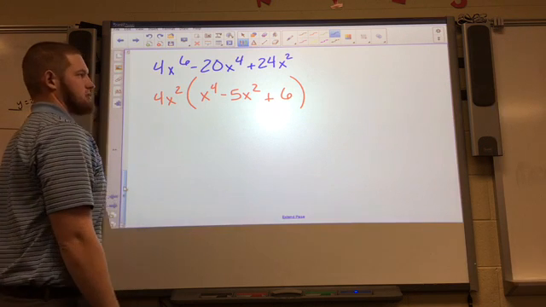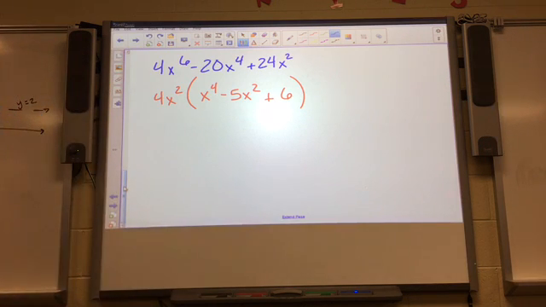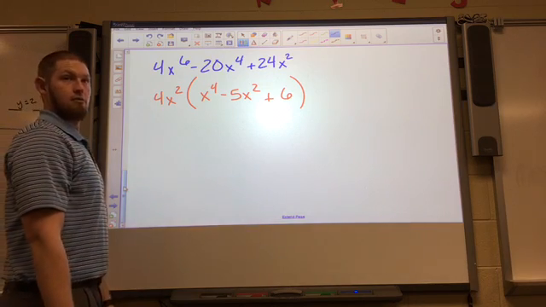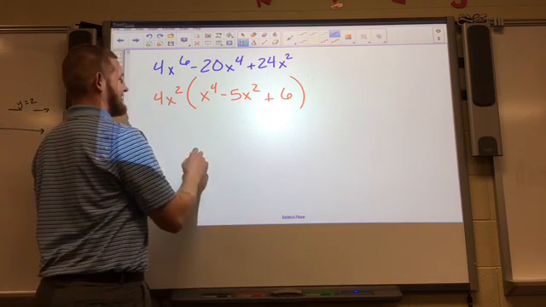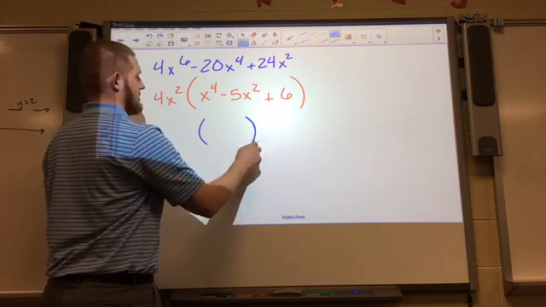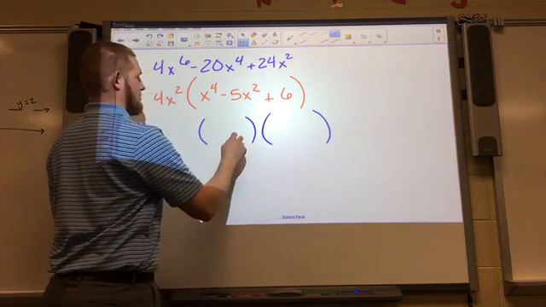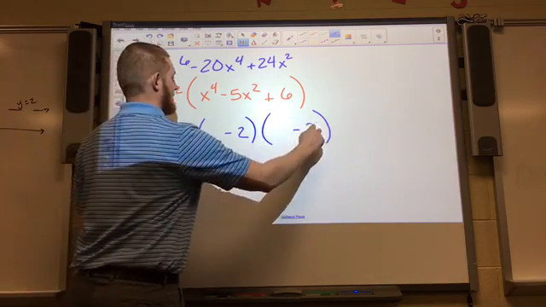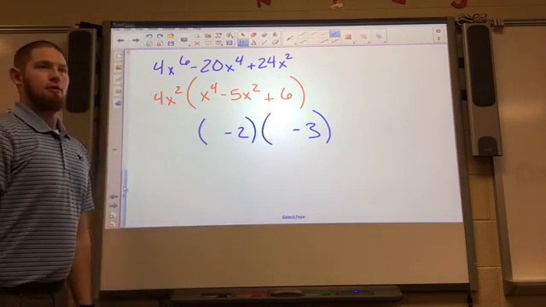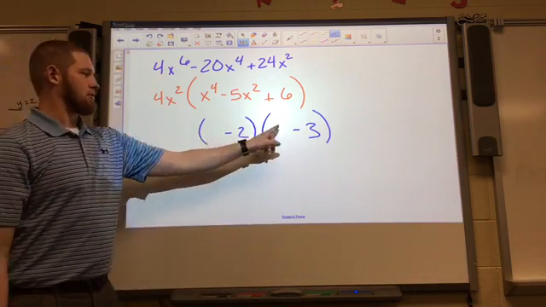Is that multiplied to positive? Negative 2 and negative 3, right? So I know when I do this, I'm going to have negative 2 and negative 3 here. But what has to go here?